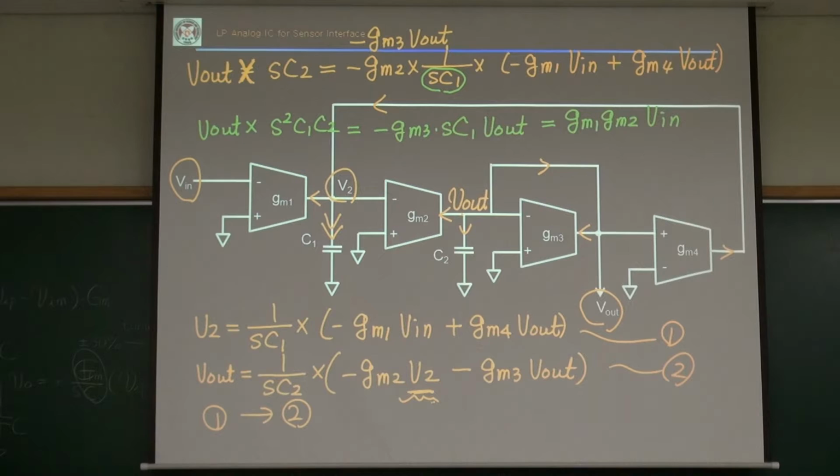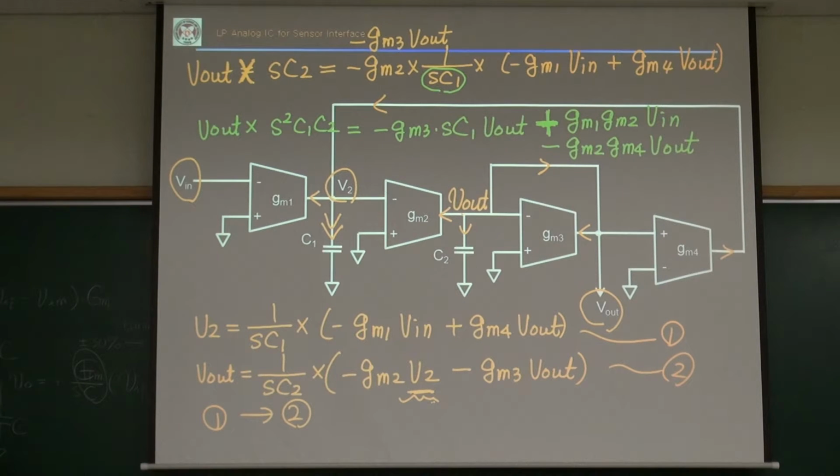Yeah. Let's see, this should be positive, right? Not equal, positive. And then GM2 GM4 V out.